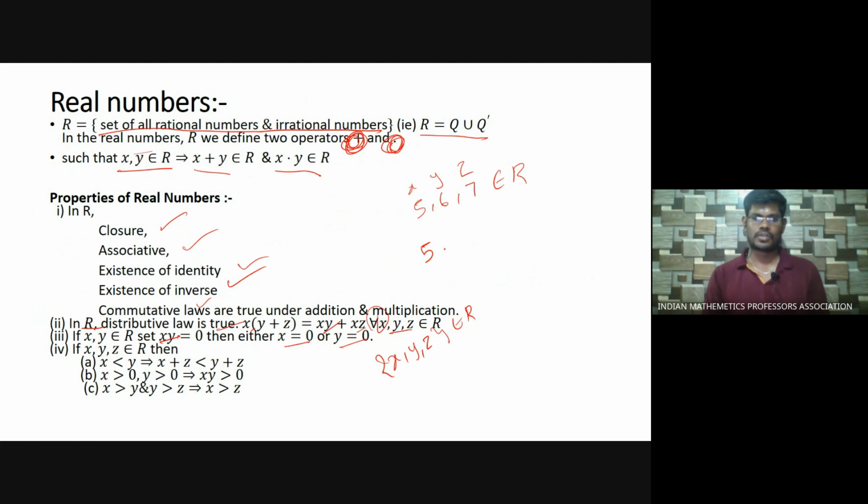So the first one, 5 is less than 6, which implies that x plus z, which is 5 plus 7, is less than y plus z, which is 6 plus 7.